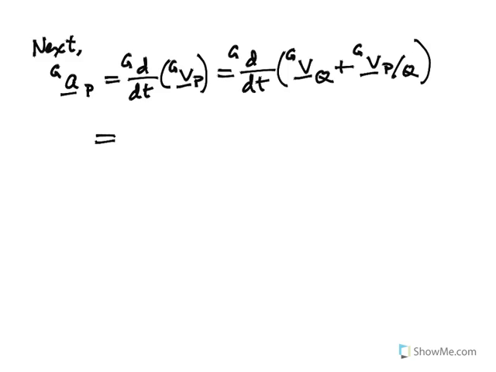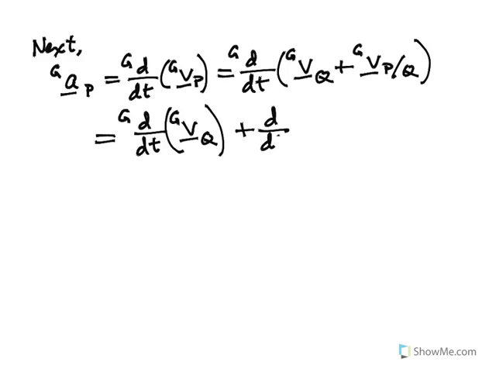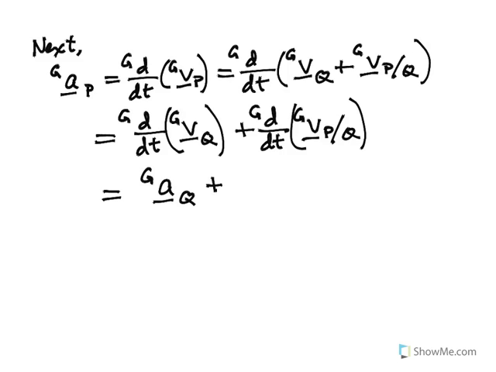And that, in turn, is equal to the rate of change in the ground of the velocity of point Q as viewed by an observer fixed to the ground, plus the rate of change in the ground of the velocity of point P relative to Q as viewed by an observer fixed to the ground. Now that, in turn, becomes the acceleration of Q plus the acceleration of P relative to Q, both as viewed by an observer fixed to the ground.